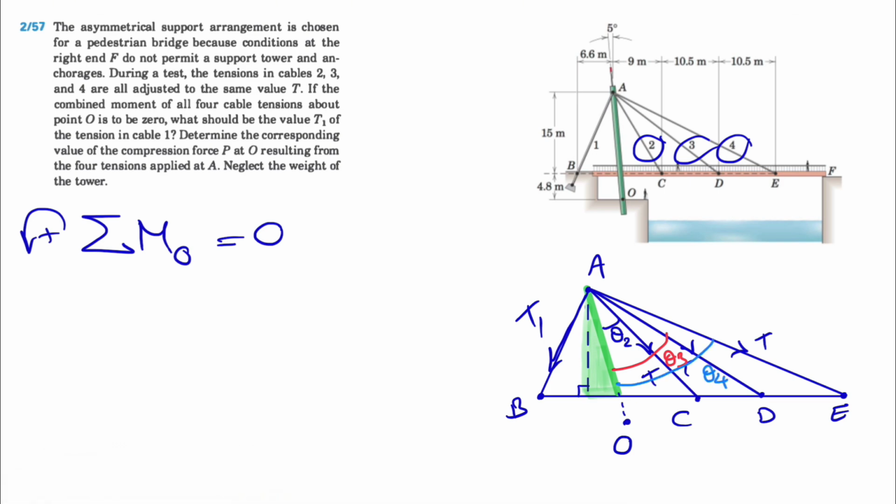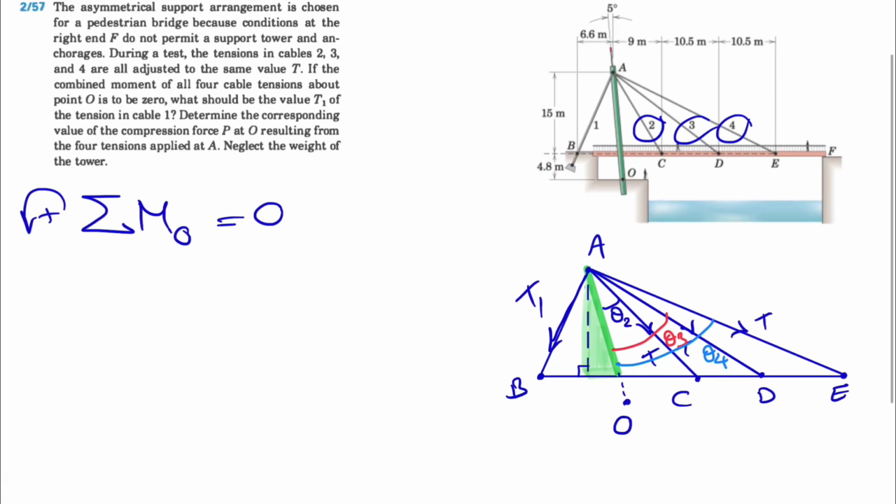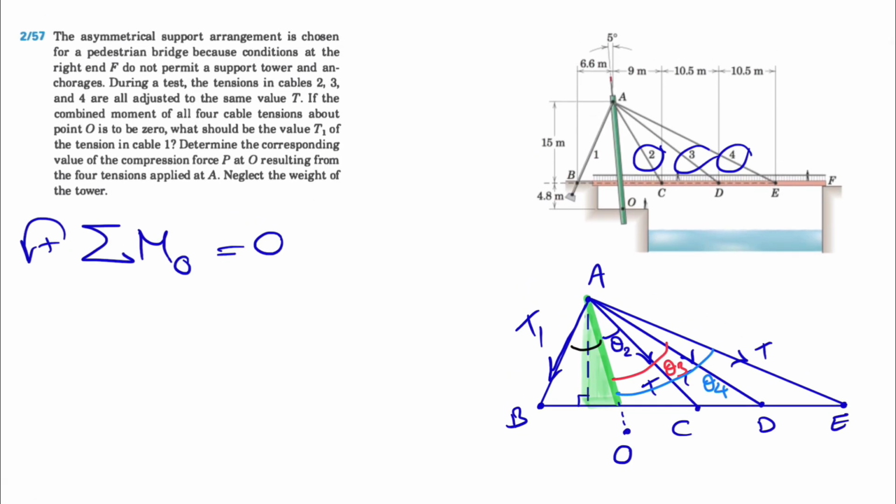On the left side we have the angle of T1 with OA, which we show as theta 1. As long as we have these angles, the perpendicular component will be force times sine of these thetas, and the cosine component won't make any moment about O since it passes through O.